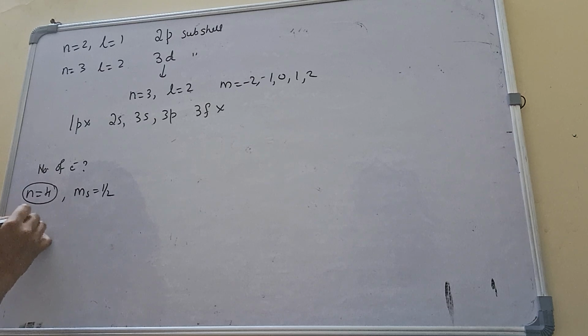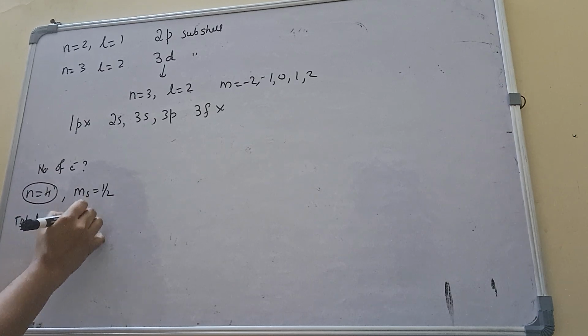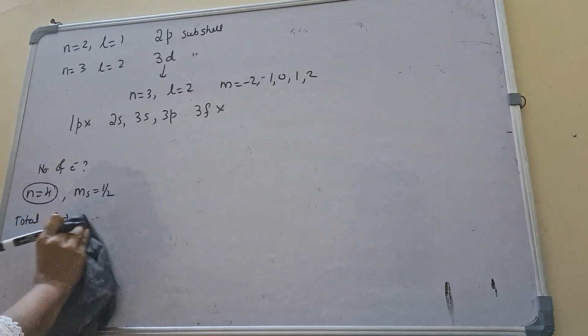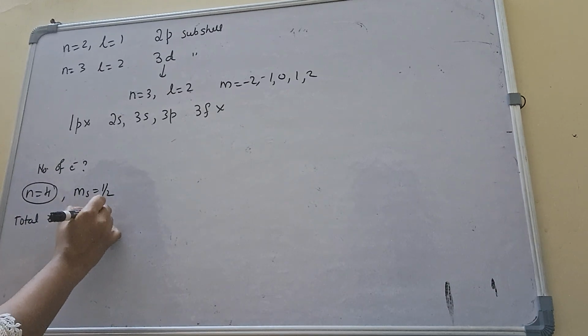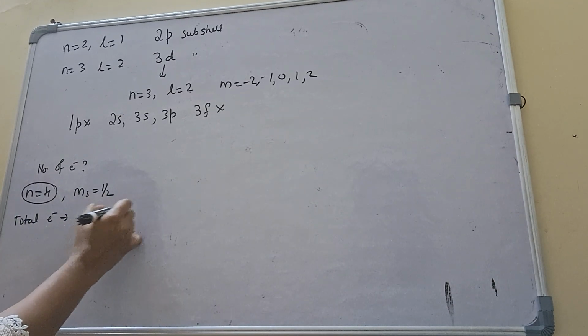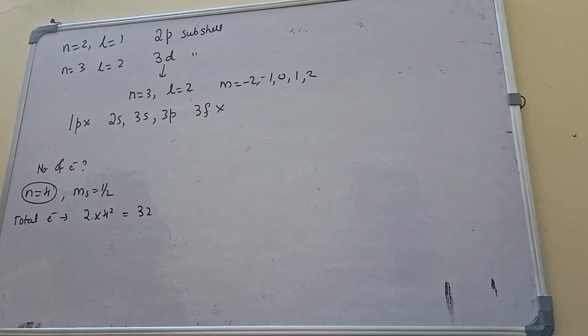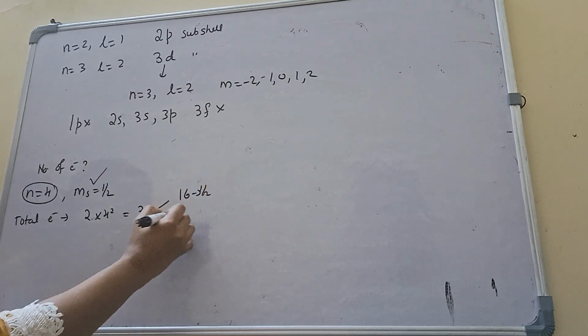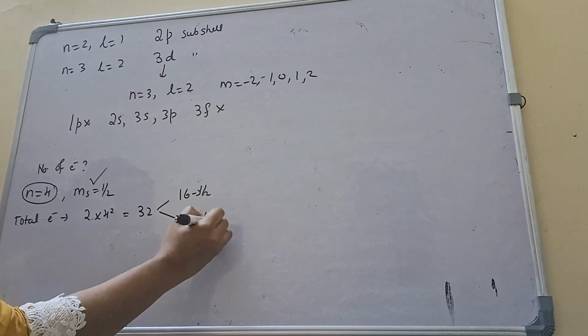What is the total number of electrons in the fourth shell? It is 2 into 4 square, which is 32. So you have 32 electrons with n is equal to 4. But there is another condition. Out of those 32 electrons, 16 will have plus half, 16 will have minus half.